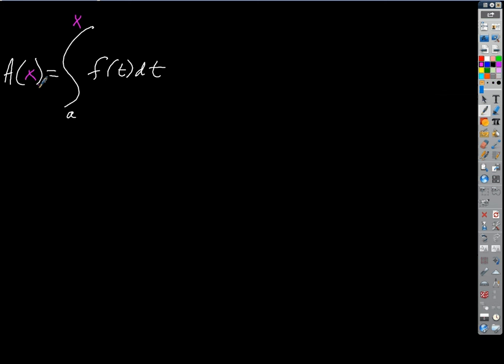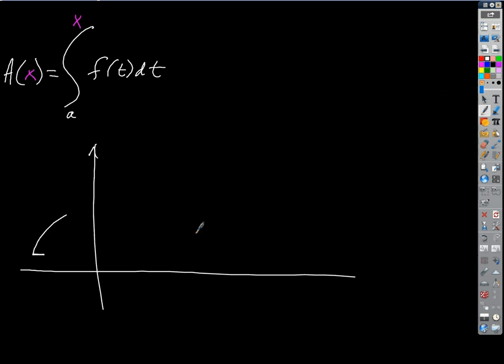What if I were to graph that? I don't know what f is. f is just some generic curve. So if I were to graph this thing, what would it represent? So here's f, and I'm going to call that A. What's the t, first of all? t doesn't get much respect.